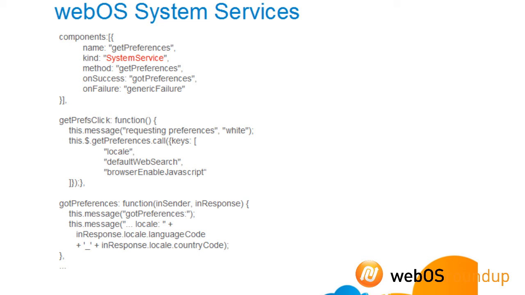So you can see here, getPreferences, he's calling the system service with these keys. When it succeeds, it calls gotPreferences. So he's just setting his little message that he got preferences, setting it to the locale, in response.locale, which is the value you want, and then the language code and the other values.